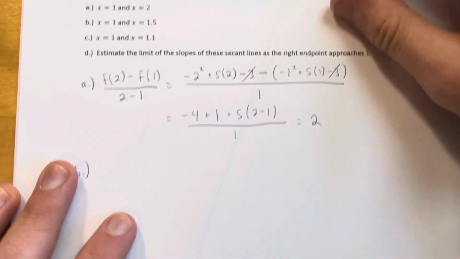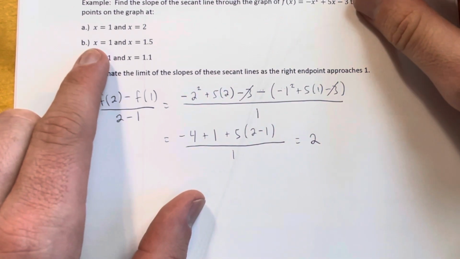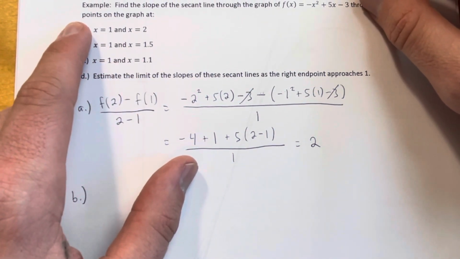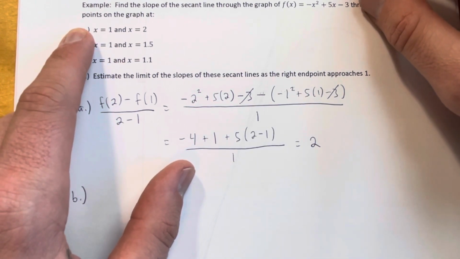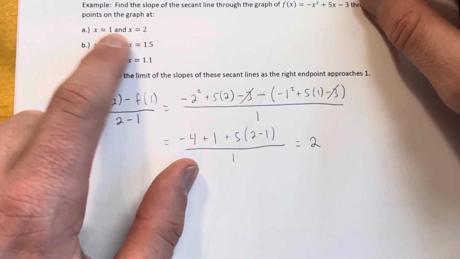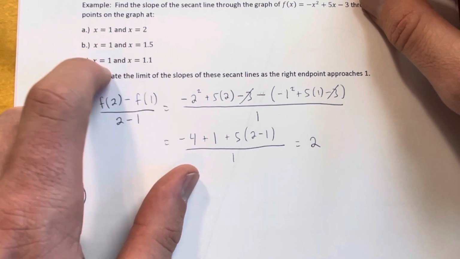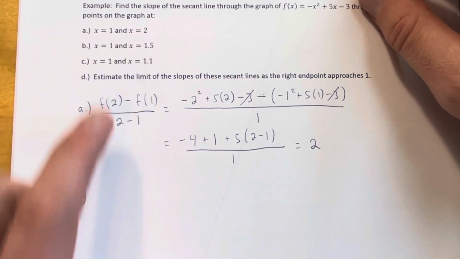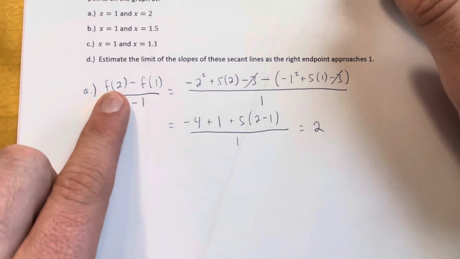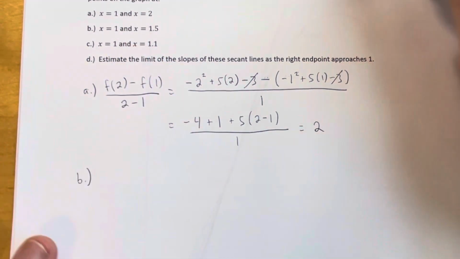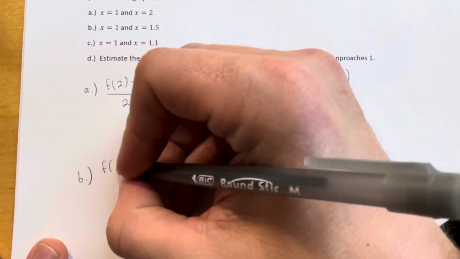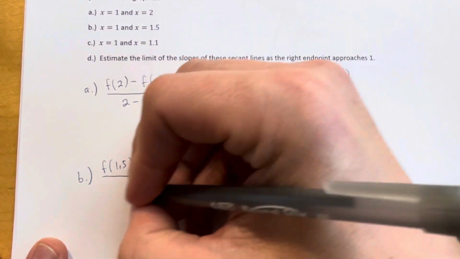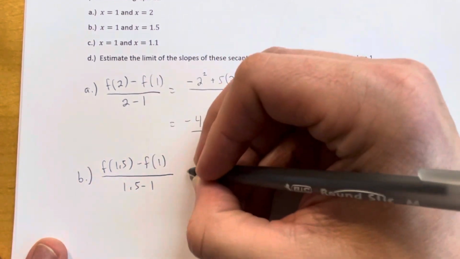B. Now I'm finding the secant line through x equals 1 and x equals 1.5. So notice, same initial x value, but the right endpoint of the interval that I can think of these x values as making has gotten smaller. It's approaching that 1. So I would do the same process, but this time with 1.5 instead of a 2. f of 1.5 minus f of 1 over 1.5 minus 1.